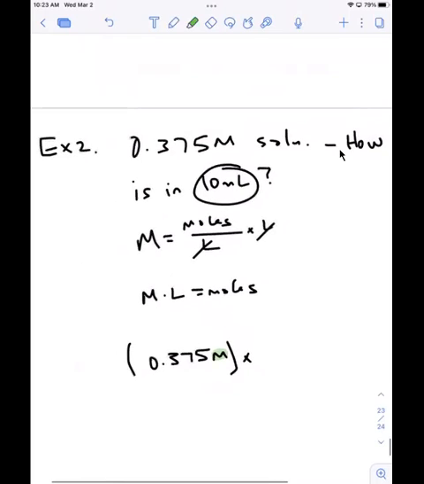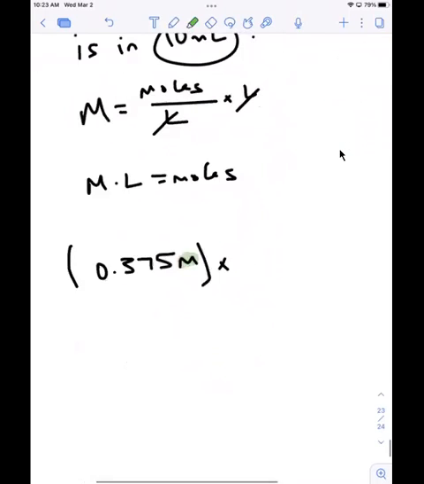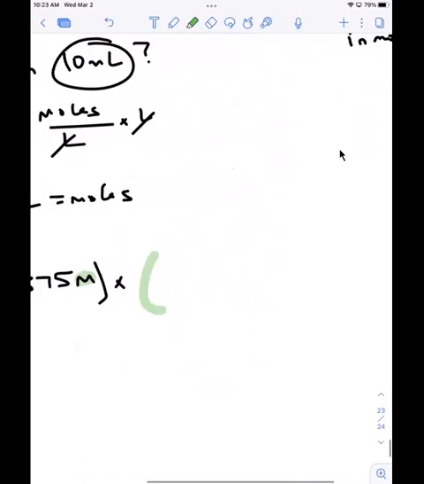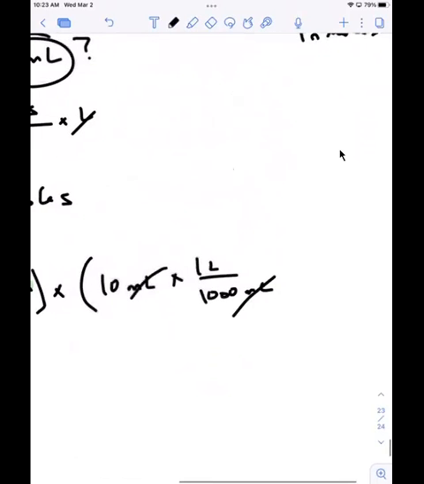All right. So 10 milliliters, let's convert that. Let's just do it inside the parentheses. So this is 10 milliliters times 1 liter over 1,000 milliliters. So milliliters is going to cancel. So that's going to be 0.010.